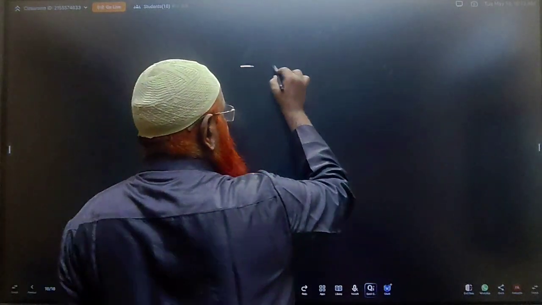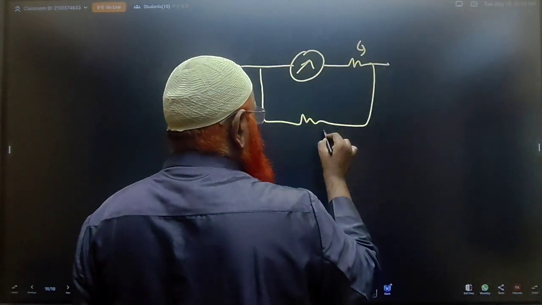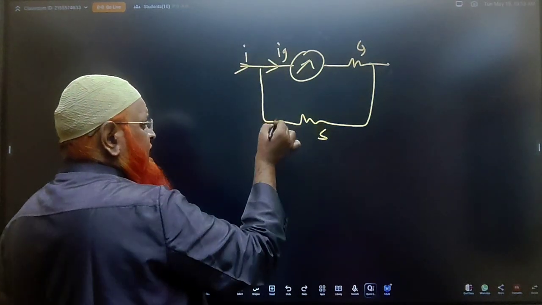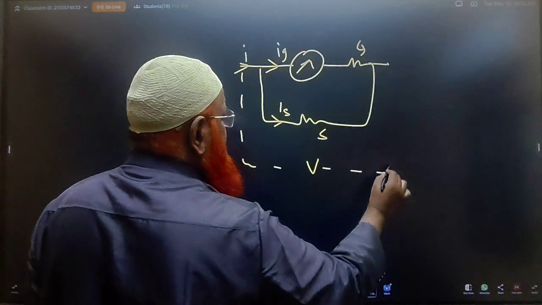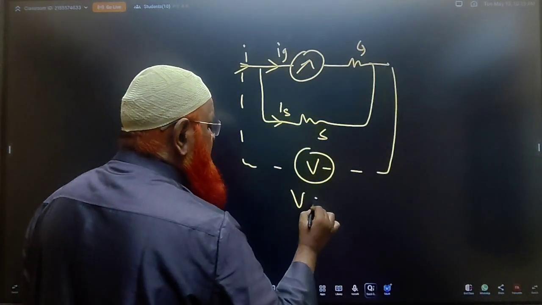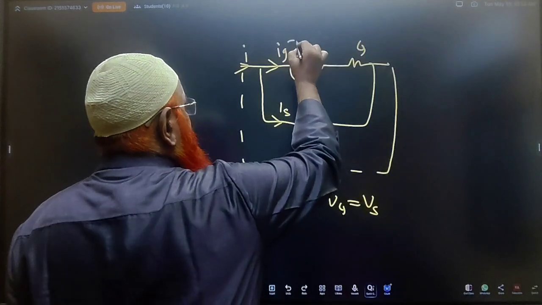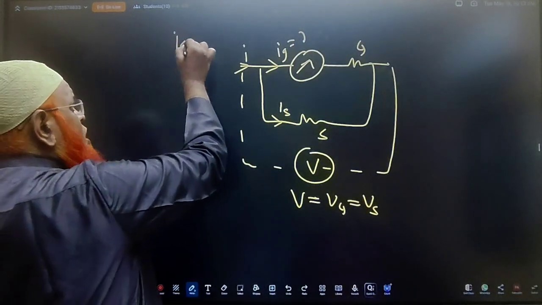Okay. The next thing is the same galvanometer resistance which is connected in parallel, which is called a shunt. So this is the Ig, total current is I and this is Is. Now you know the net potential connected here is going to be V. That V is equal to Vg and that V is equal to Vs. Now I am asking what is the galvanometer current. Now the second case is I want to know how much the galvanometer current is going to be.